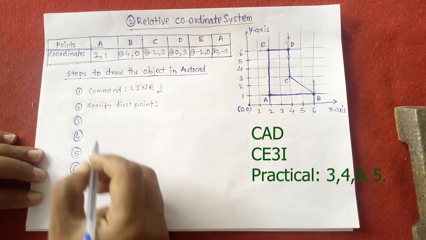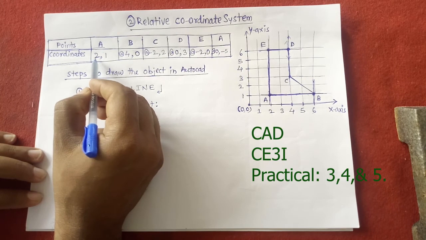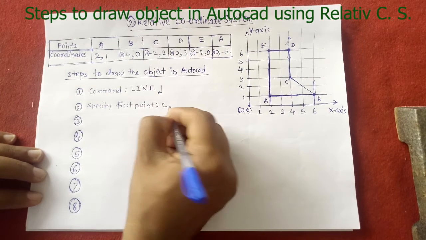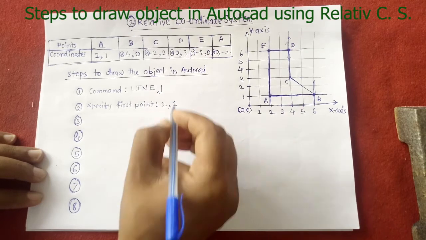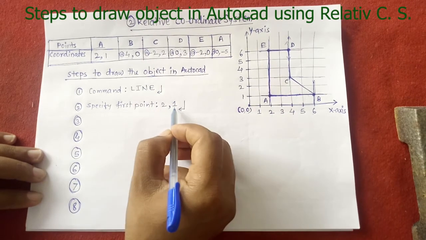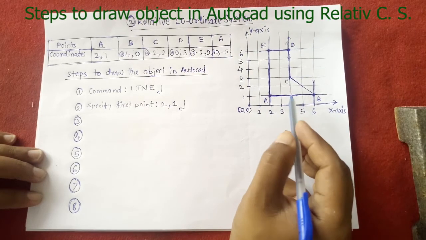So the first point is point A, and the coordinates of the point A are 2, 1. So type 2, 1 in the command prompt and press enter button. When we do this step, the point A will be located in the AutoCAD software.